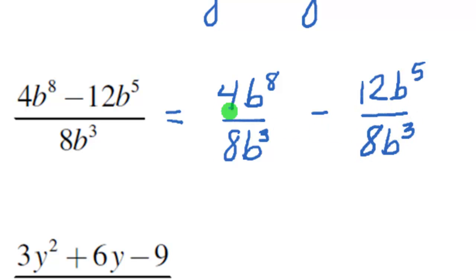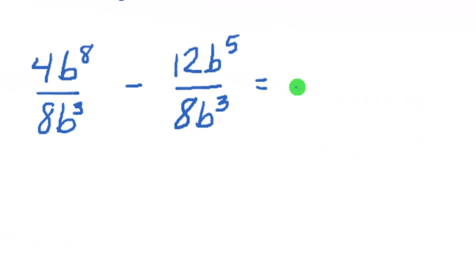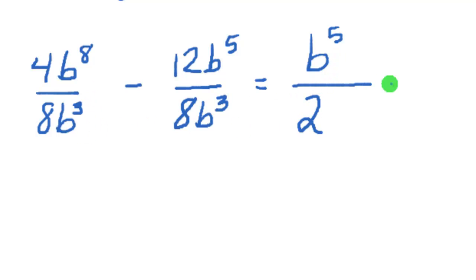Now, the coefficients, we're going to treat like a fraction. 4/8 reduces to 1/2, so we're going to have 2 on the bottom here. For our b's, we're going to keep the base and subtract 8 minus 3, so we get b to the 5th. So b to the 5th over 2 for the first fraction.